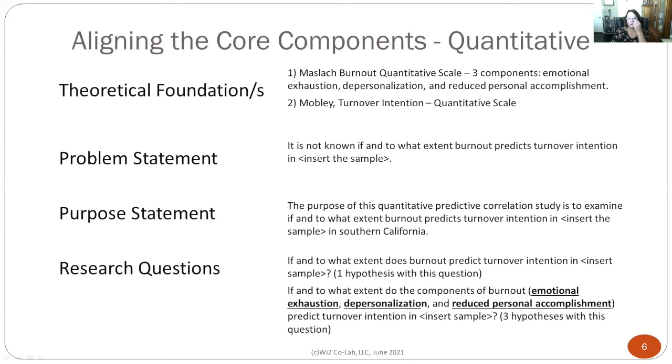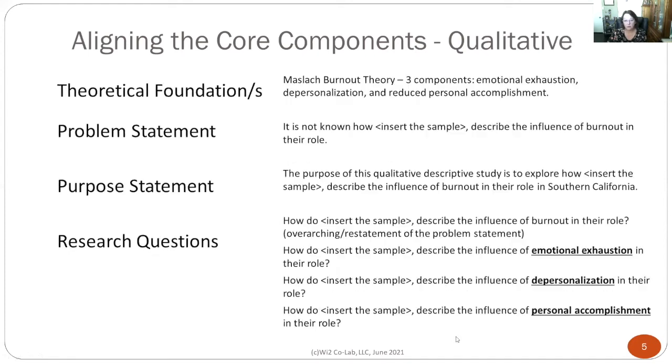If you're using two, let me go back up for a second. We could do up here, your theoretical foundations. We could use, it is not known how, blank, describe the influence of burnout on their employee engagement.